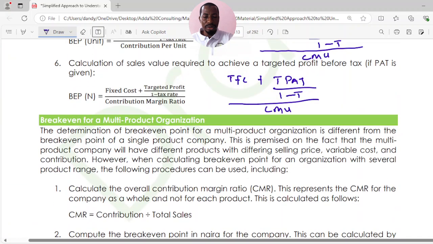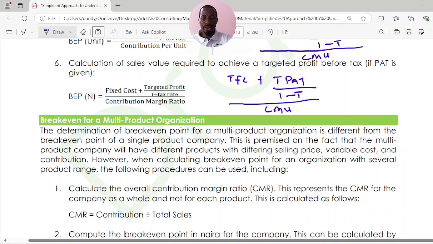When a company produces more than one product, the way you compute the break-even point must be different from the break-even point of a single product company. This is because a multi-product organization has different products, which also have different selling prices and different variable costs. So each of the products cannot have the same selling price or variable cost.